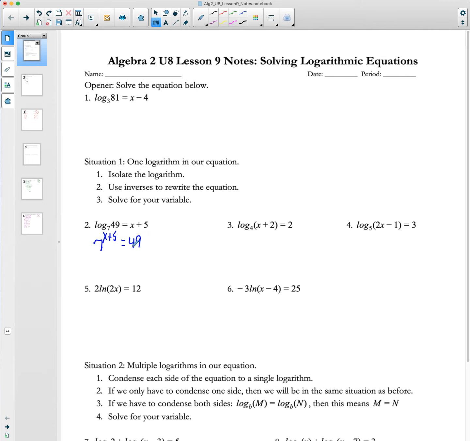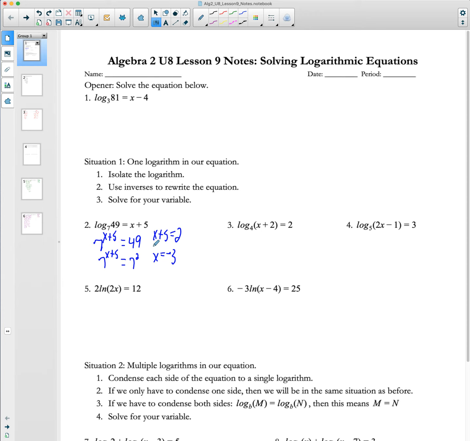And then what I know is 49 is 7 squared, so I can get that right side in terms of base 7. So that's 7 squared, which means that x plus 5 has to equal 2, which means that x had to be negative 3. And it really is that simple.